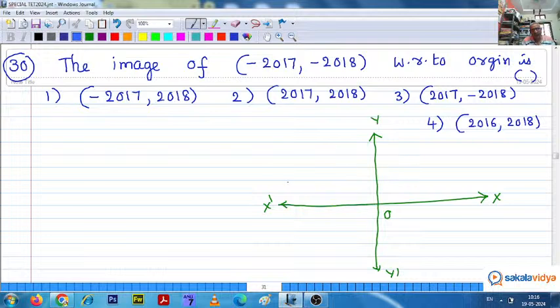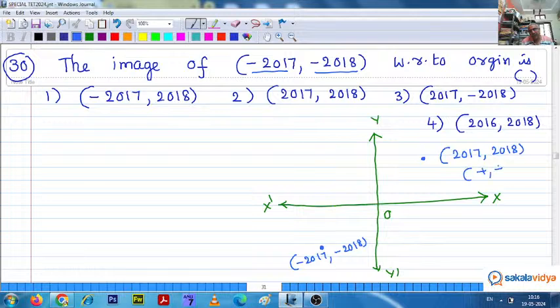Now the point minus 2017 comma minus 2018 lies in the third quadrant. So with respect to origin its image lies in the first quadrant. In first quadrant its image becomes 2017 and 2018, because in the first quadrant both coordinates are positive.